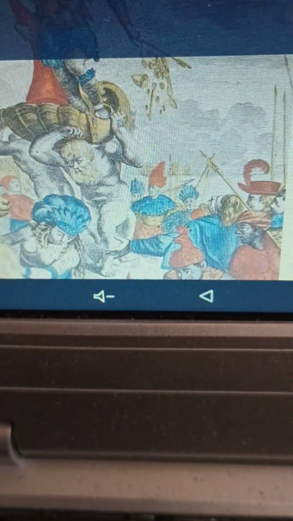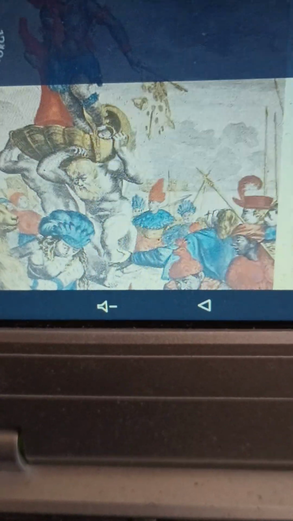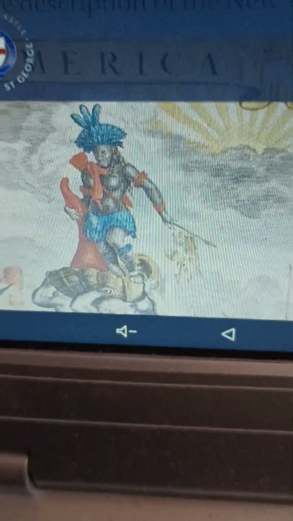I don't know what this white guy here is supposed to represent. But this is supposed to represent America, symbolized by a native woman.